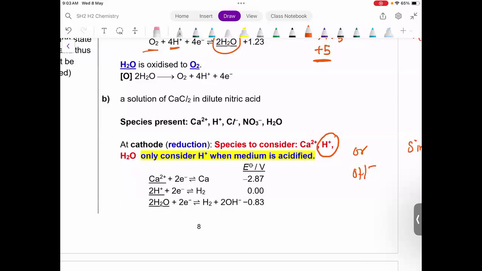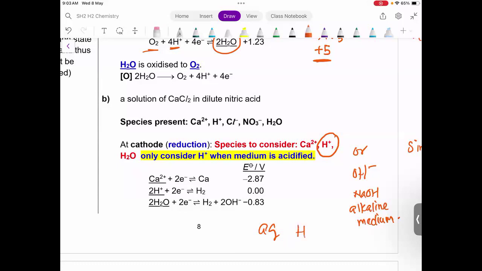Only consider H+ when the question says there's acid. Only consider OH- when the question says there's sodium hydroxide used or there's an alkaline medium. If it's just aqueous, no H+.